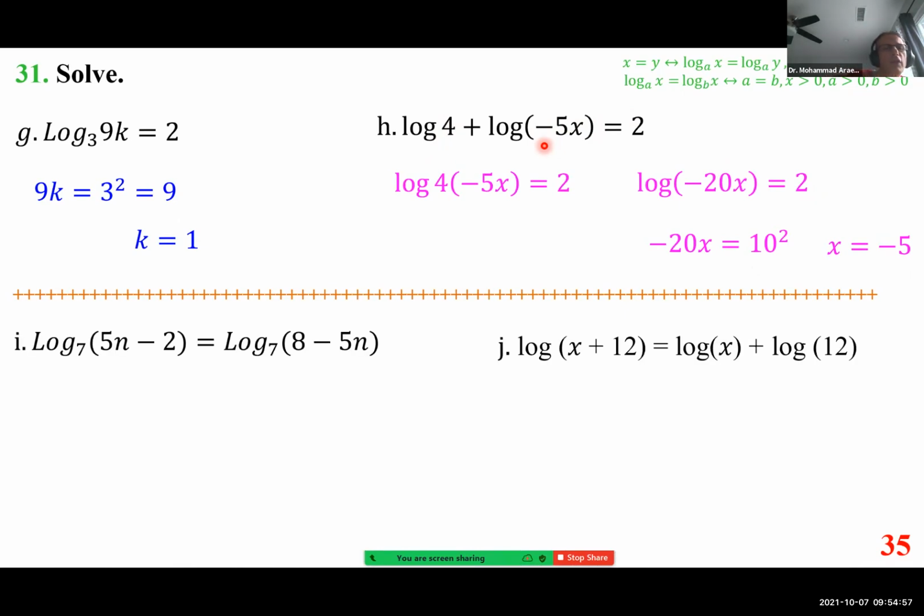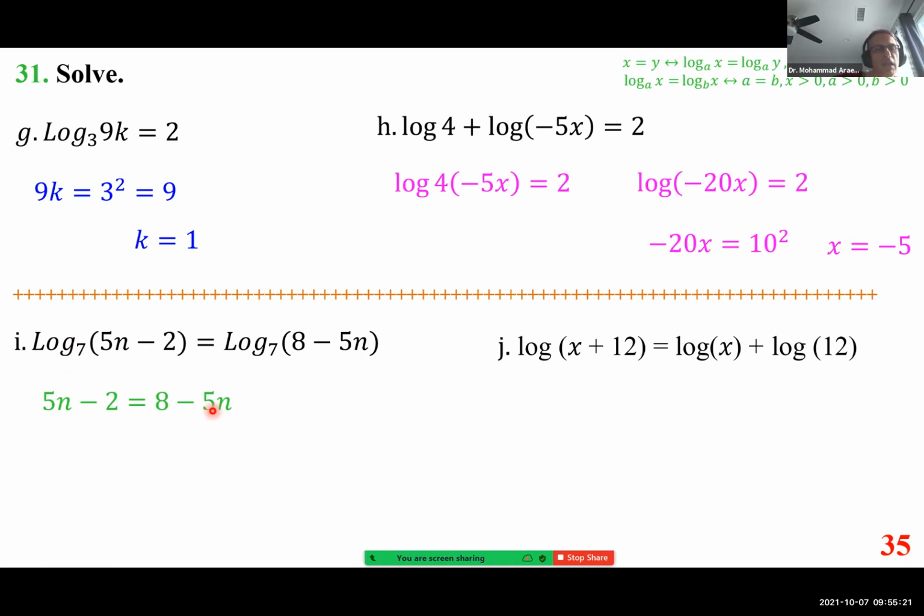All right, if you look at this case, two logs are identical. If they have the same base, they must have the same argument. Let's do that. So 5n minus 2 is 8 minus 5n. And it's not that we drop that. They have the same base. They must have the same argument. And that's an easy case.